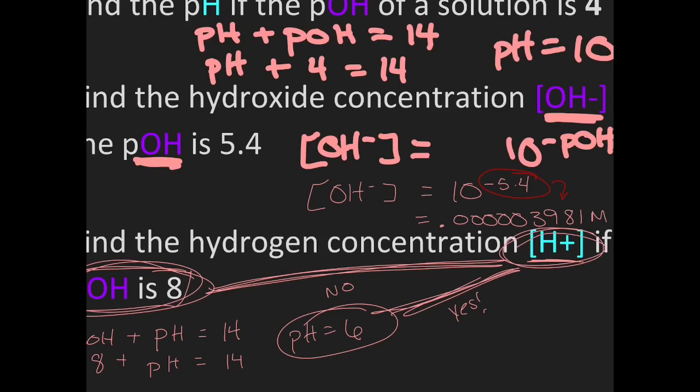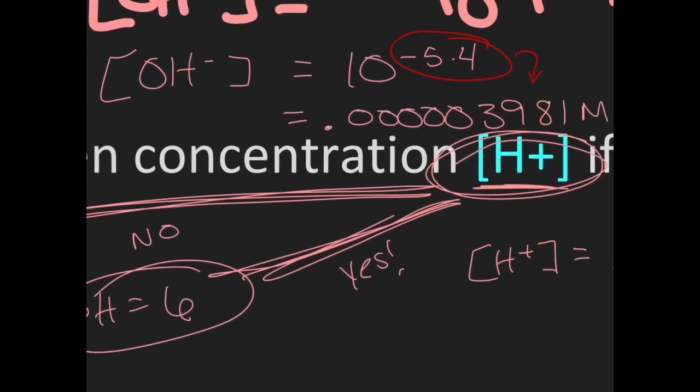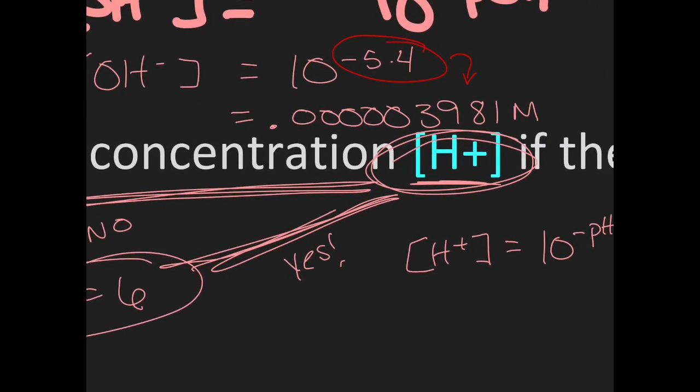Now I have something that goes with H plus. So, how do I get from pH to H plus? Remember, that is your equation: H plus equals 10 to the negative pH. What is my pH? My pH is 6, so that equals 10 to the negative 6.